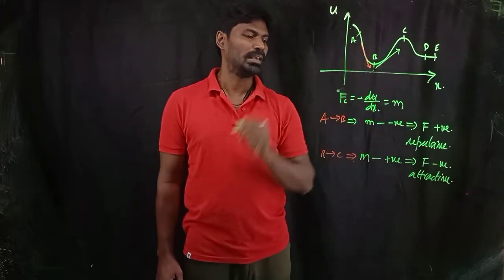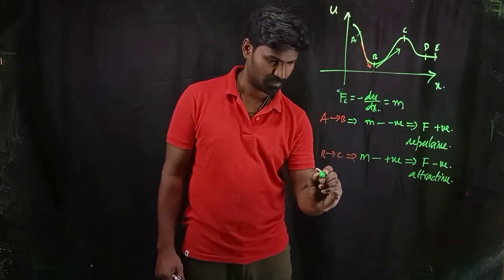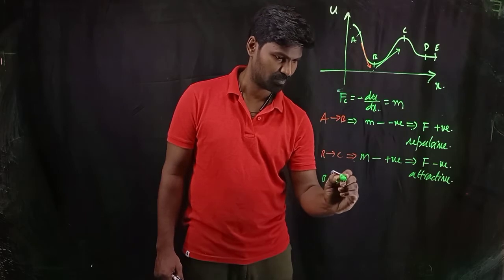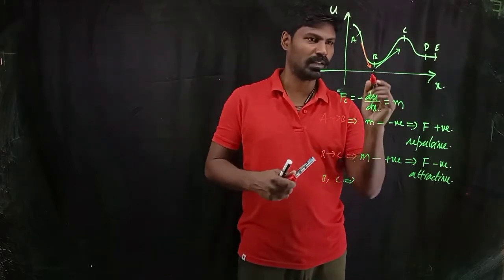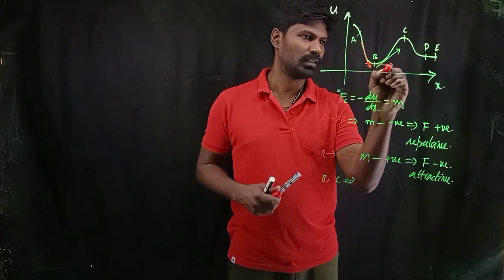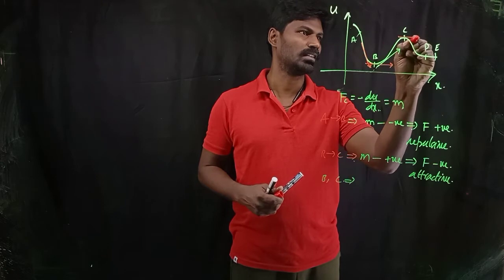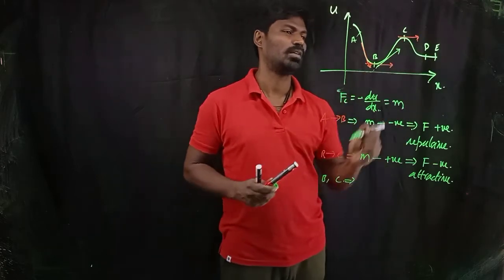And what about B? I wanted to talk about points like B and C. If you plot a tangent either at B, that is like this, this is the tangent at B, and this is the tangent at C. If you plot a tangent either at B or C, what's happening?